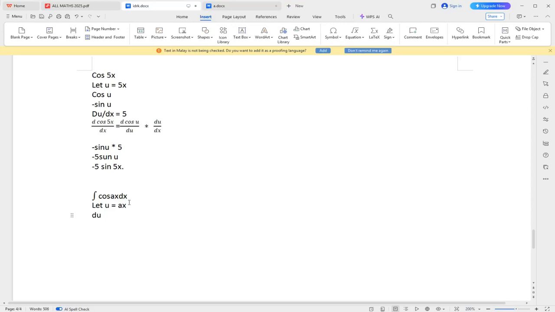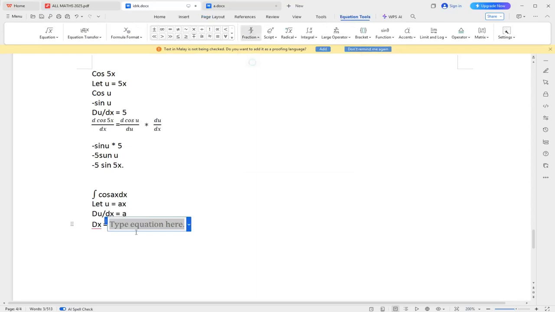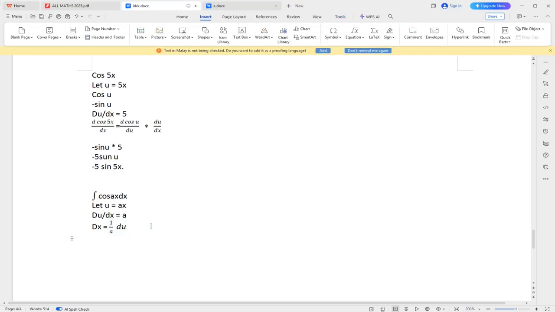Differentiating u with respect to x, that is du on dx is equal to a, hence dx is equal to 1 on a du, so you can write this as 1 on a du, right?